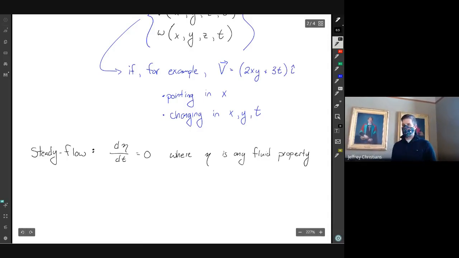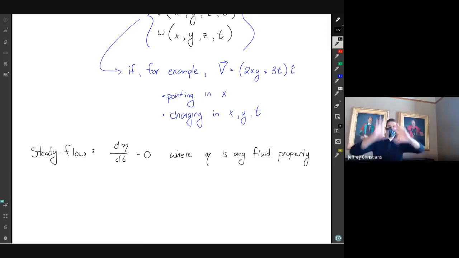So for something to really be steady flow, all of the things have to be constant with time. You looked at in your video, and you're correct, it was like 120, 130. You see the velocity no longer changing with time, but for it to be steady flow, the viscosity, we haven't talked about viscosity, but we will, you've probably heard the word, has to be constant with time. The density has to be constant with time. Like all of the properties, everything has to be constant and not changing with time.